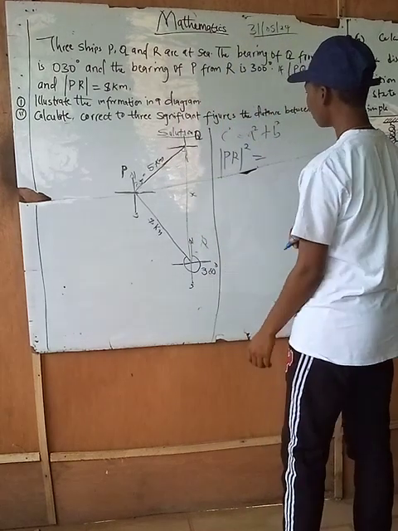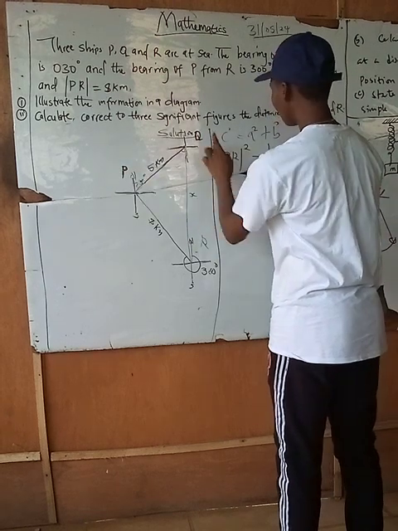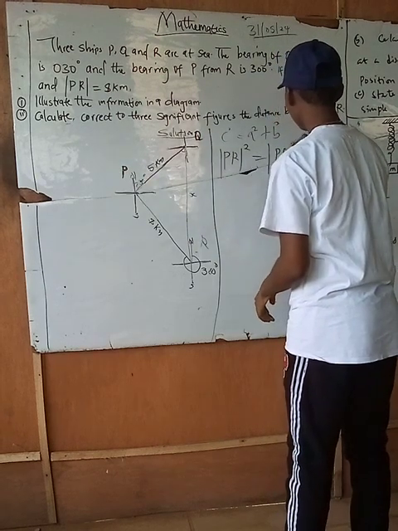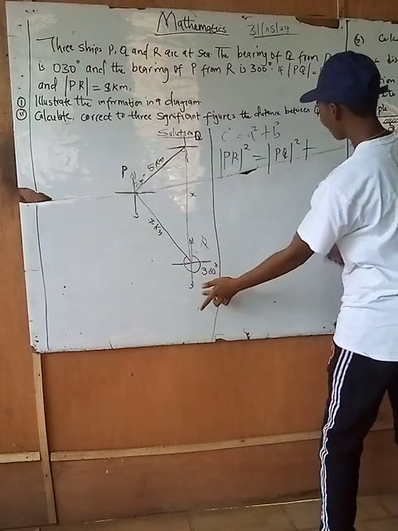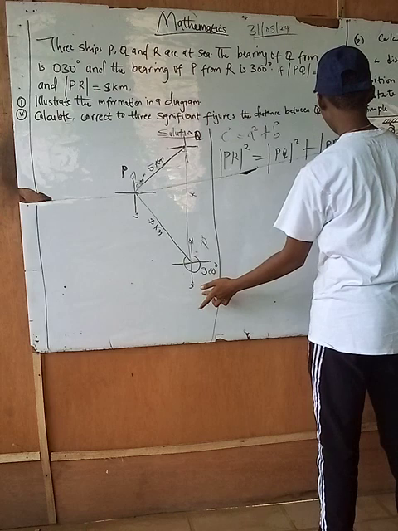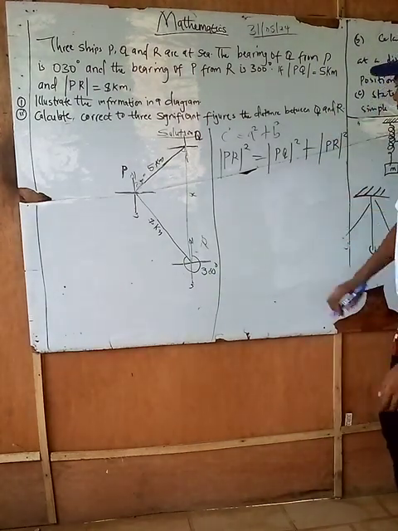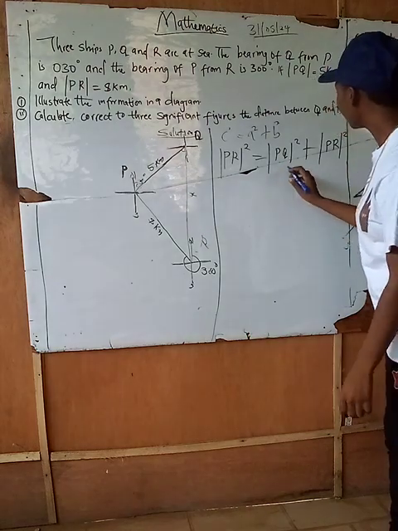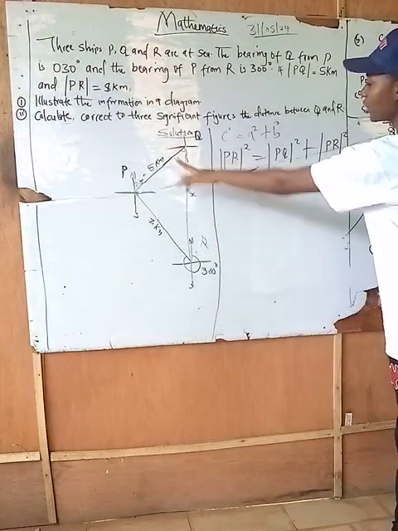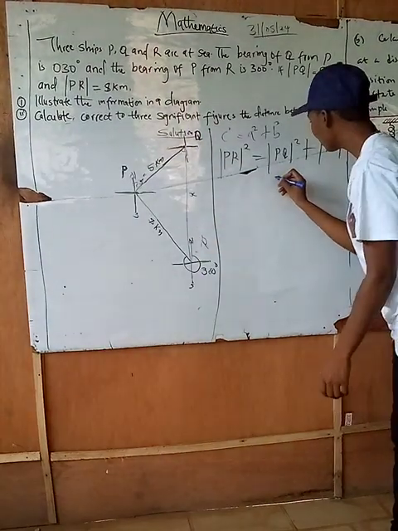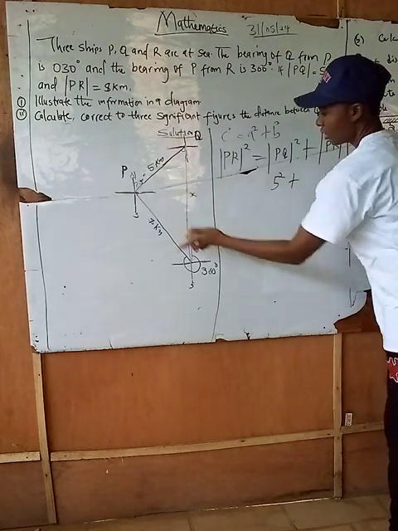So our PR squared is equal to PQ squared plus PR squared, right? Now, what's our PQ? We have our PQ to be 5 kilometers, which is 5 squared plus 8 squared.